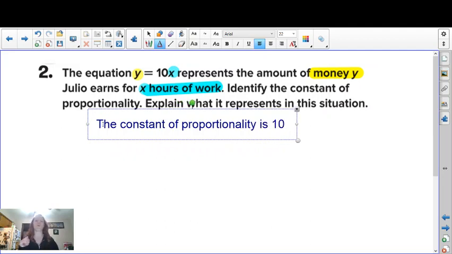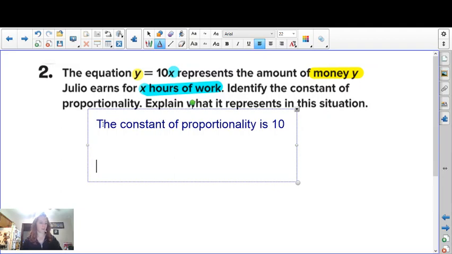It's the multiplier of the amount of hours per week. And in this case, what does it represent? It represents Julio earning $10 per hour of work.